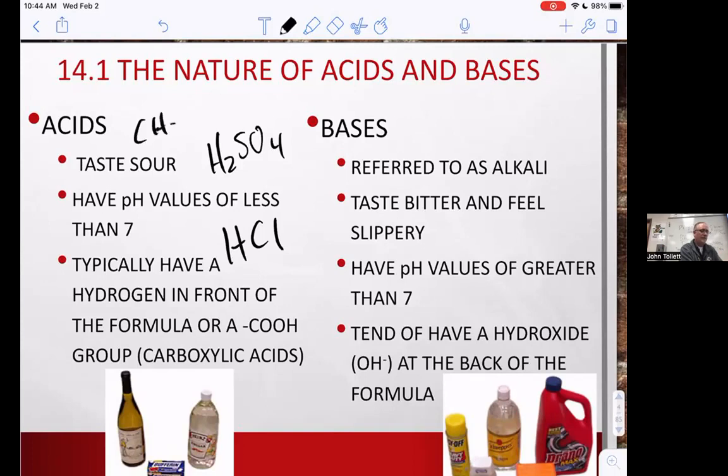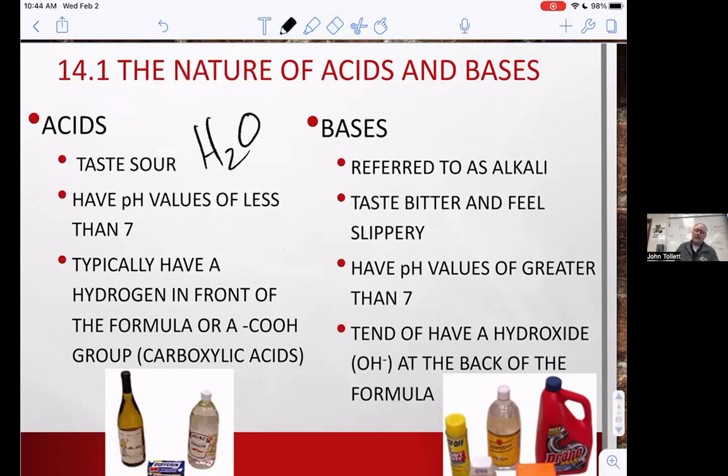Some of the easier ones, some could be drawn differently though. You might see acetic acid written CH3COOH. That is a carboxylic acid, and the hydrogen at the very end is actually the dissociative hydrogen. But we also write it as HC2H3O2. So it's not an all-inclusive thing, like everything that starts with H is an acid, but most of them do. I do know you're familiar with H2O.